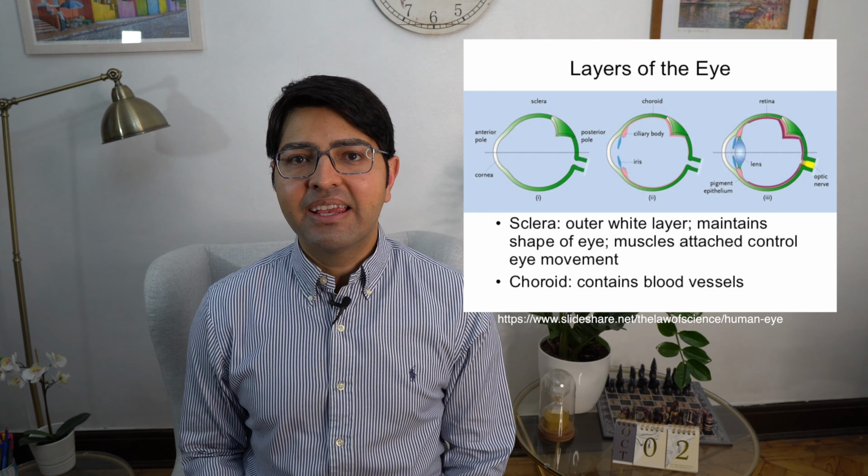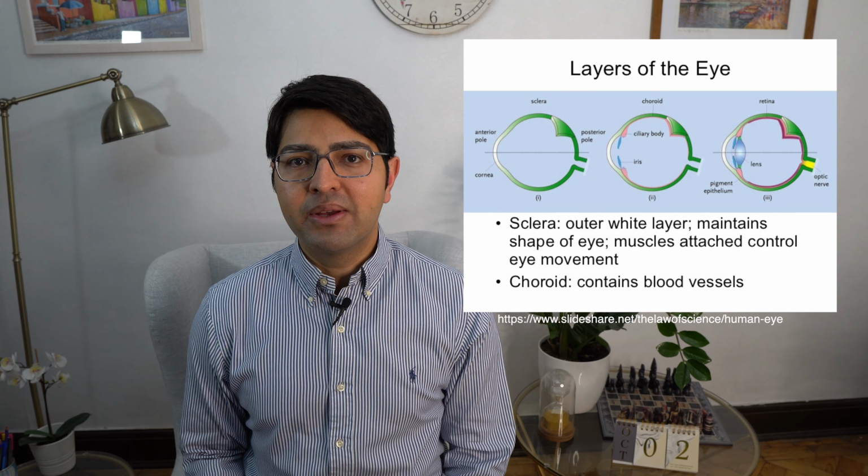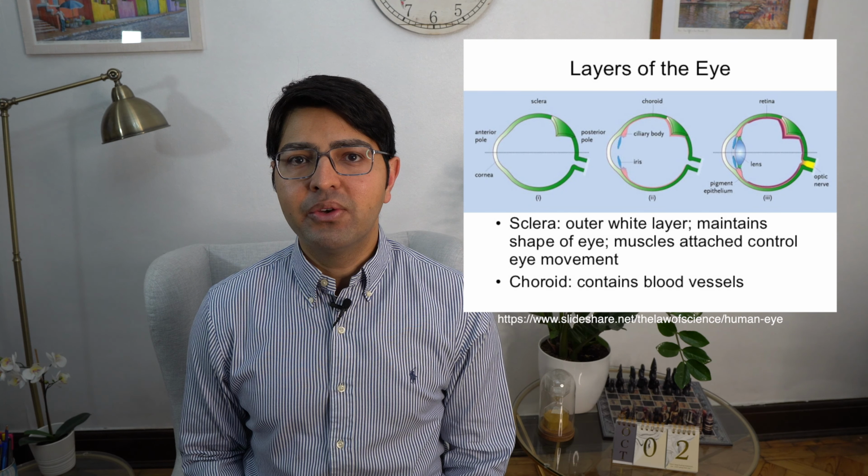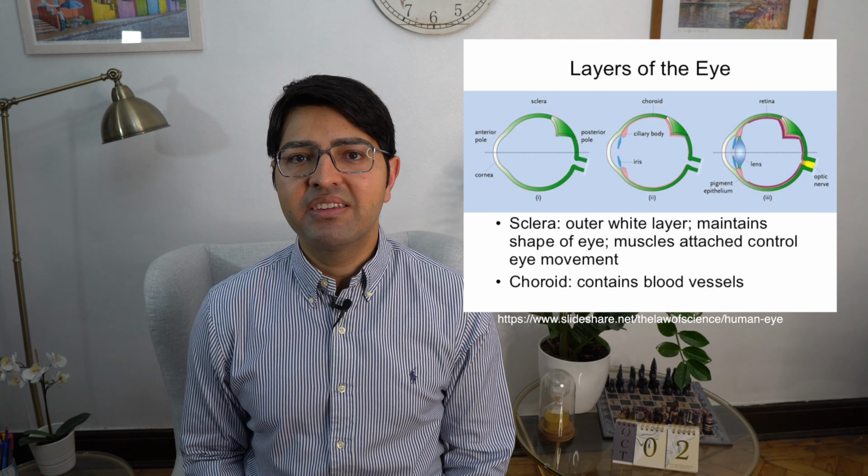There is then contained within the middle a layer which is referred to as the vascular layer, and this is made up of the iris and another component called the ciliary body. And then the innermost layer is the retina, which is involved in the processing of light and visual information.